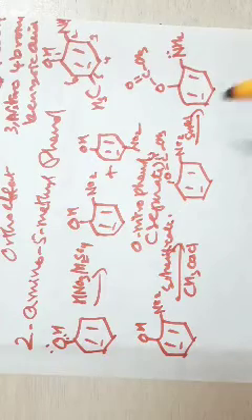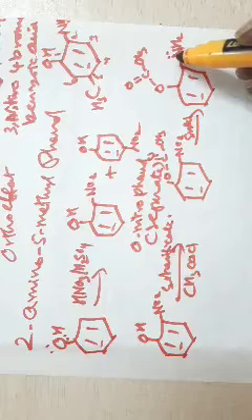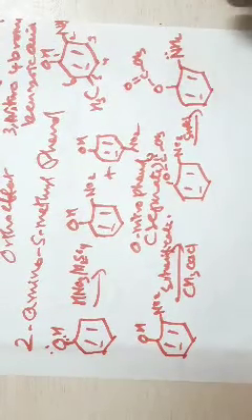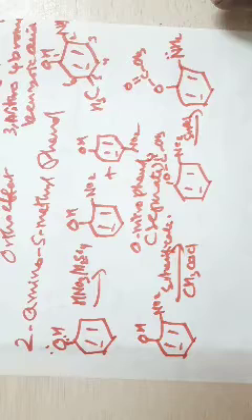Now, conversion of nitro group into amino group means the amino group is highly activating when compared to the ester group. Ester group is very weak. It is mildly activating.